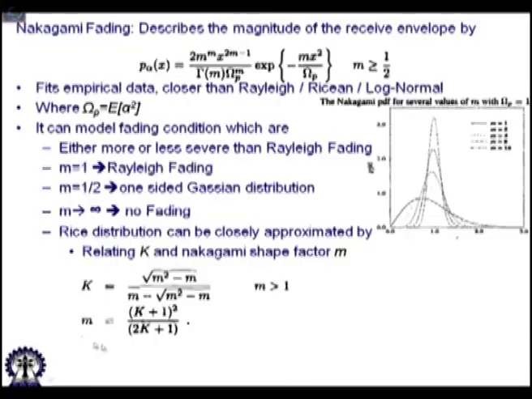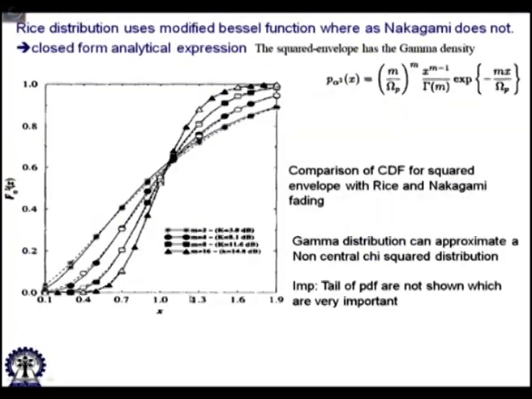Now, a last note regarding this particular part, that means K equals root over m squared minus m and so on and so forth, which maps K to m and m to K, we have to be a little bit careful. So, this particular figure shows the distribution of the squared envelope, the gamma density function, and on the x axis is the variable x, whereas we have two different kinds of lines, one is the dashed line, one is the solid line.